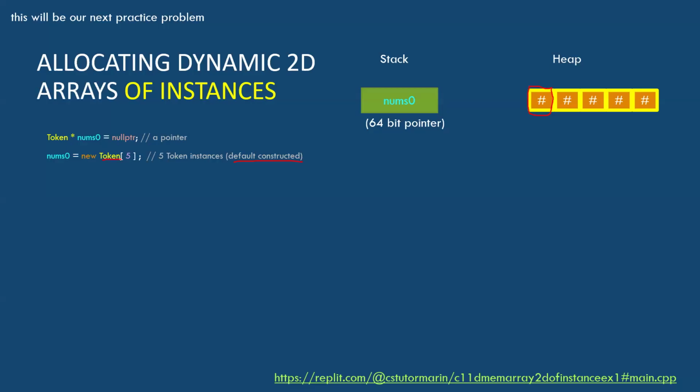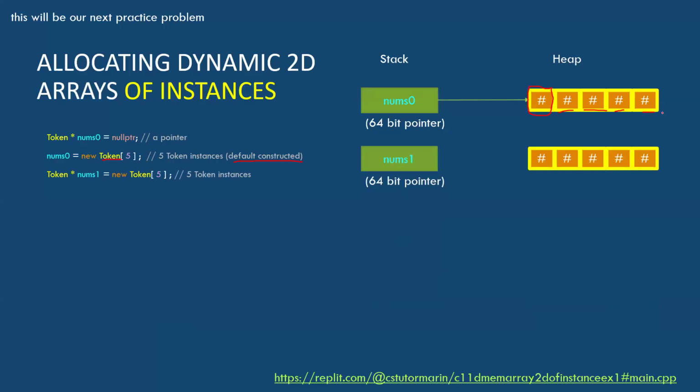You'll get a compiler error, right? Because it doesn't know how to create these unless it has a default constructor. So by default, whatever your default constructor puts in that token, that's what you're going to get in all 5 of those positions, okay? So now I have a row of tokens, and I can create another row of tokens.